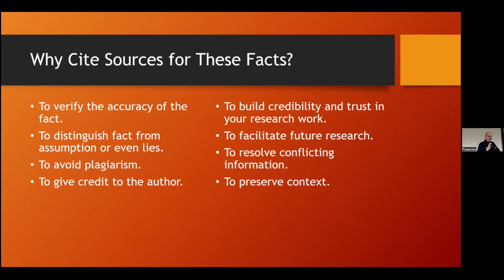But most of the stuff that you do here, and in the next class I teach, which will be in the fall, it's indirect proofs, which means you're taking a piece from here and a piece from here and a piece from here, and you're putting them all together. You need the sources for all of those so that people can follow your trail and see if they agree with your conclusion.